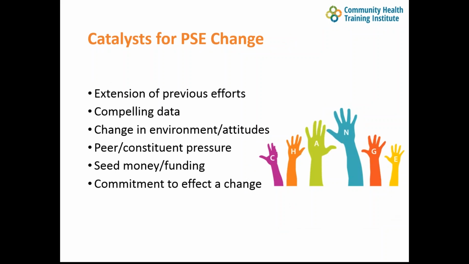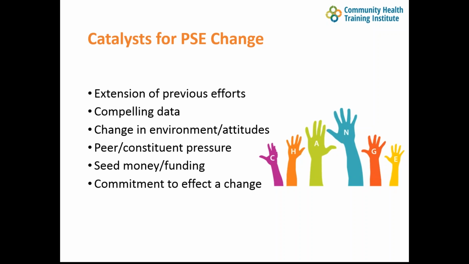Some of the catalysts that help bring policy change into being is, of course, if it's being built off of something else that has already taken place previously. It's a great opportunity to look at data for your community and really come together as a community and say, what is this data saying, and what sort of policy, systems, and environmental changes might lend itself to dealing with whatever this issue is.